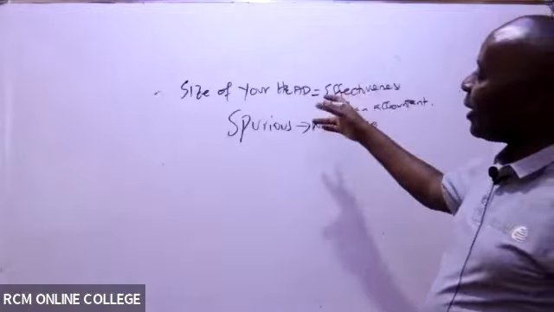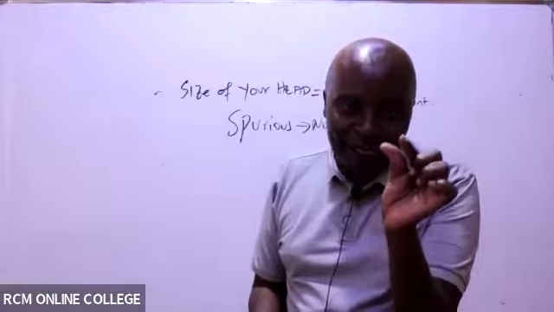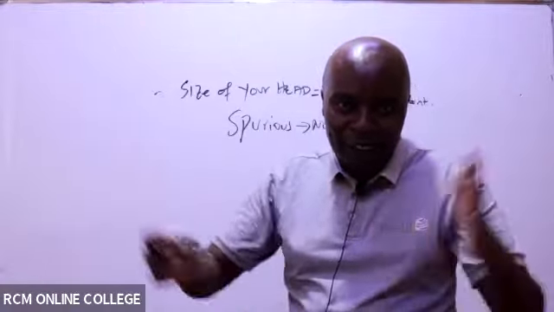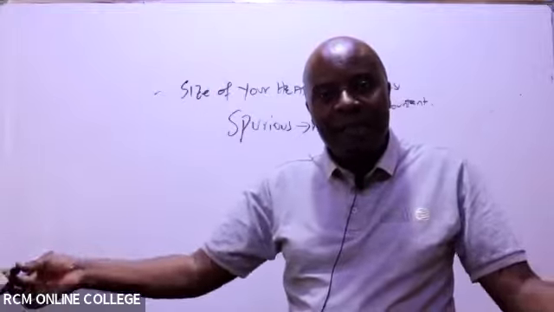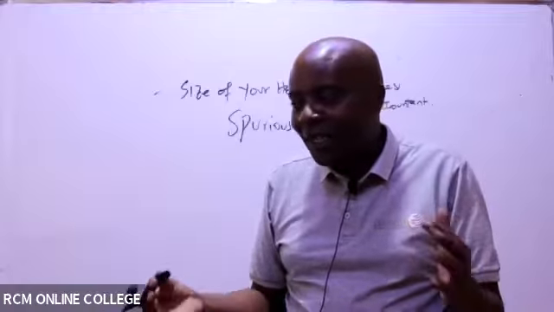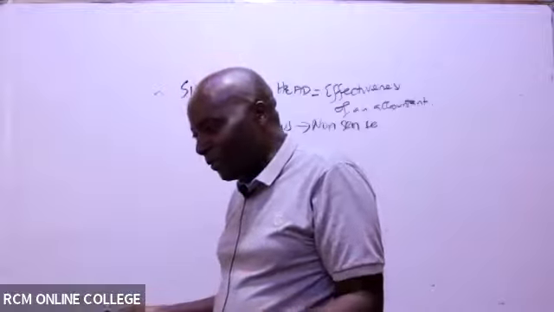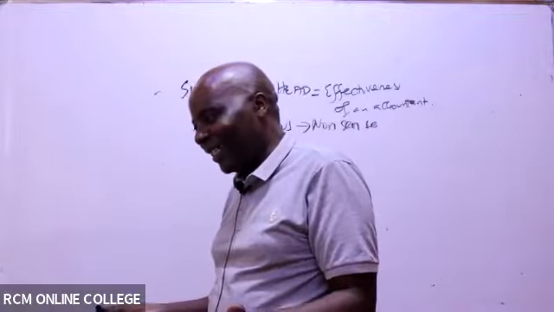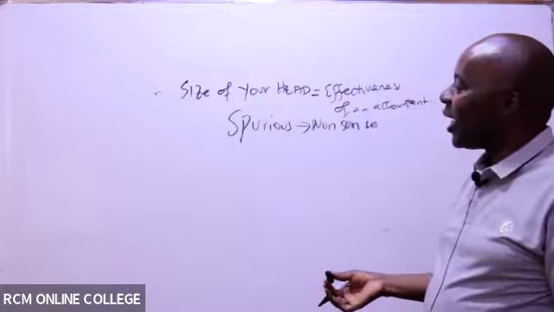Because, ladies and gentlemen, honestly speaking, you may have a very, very small, tiny head like this, but your effectiveness is like this big. Or you can have a very, very big head like mine here, but not effective at all. So this is a nonsense relationship, isn't it? A nonsense relationship. All right?